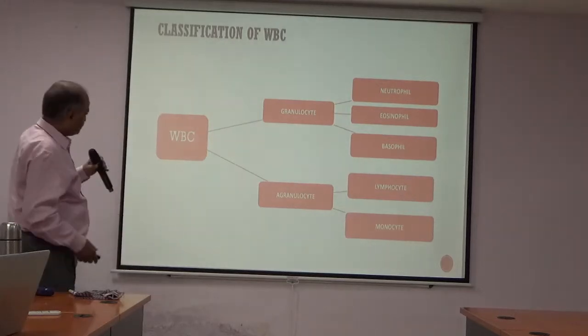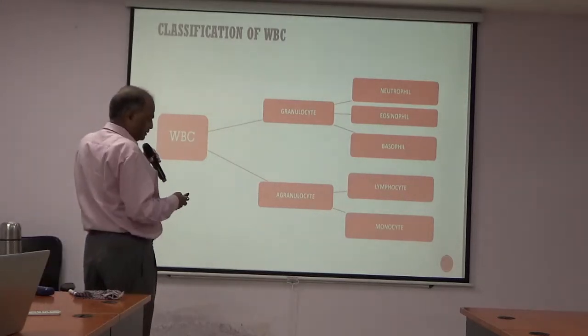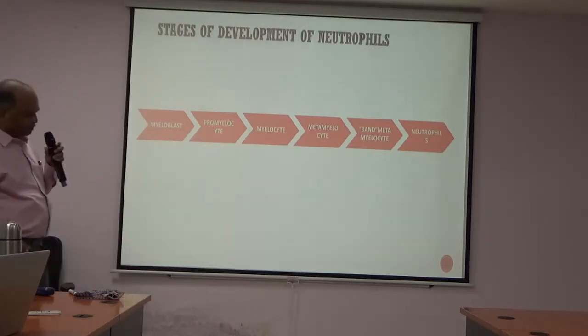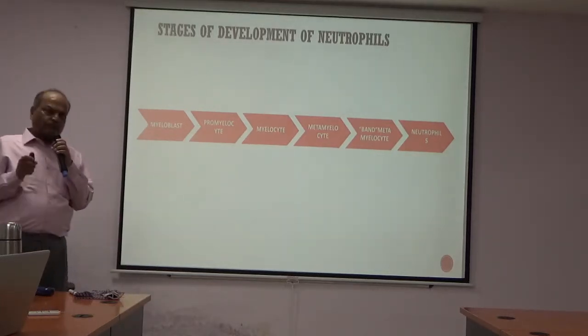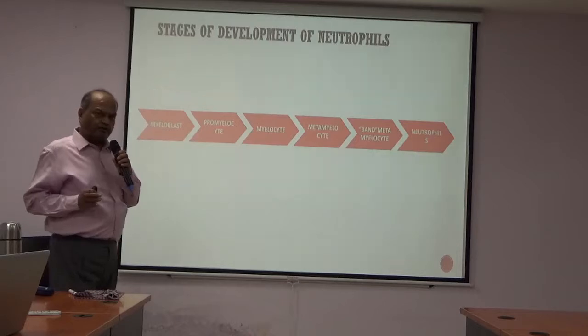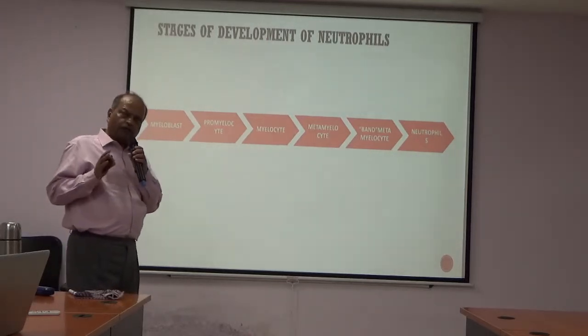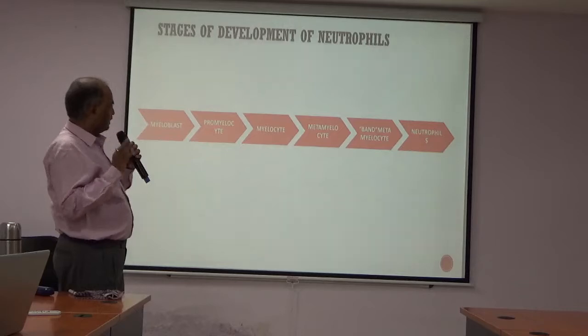Where is the genesis? Where are these WBC formed? As I pointed out earlier, they are formed in the red bone marrow.